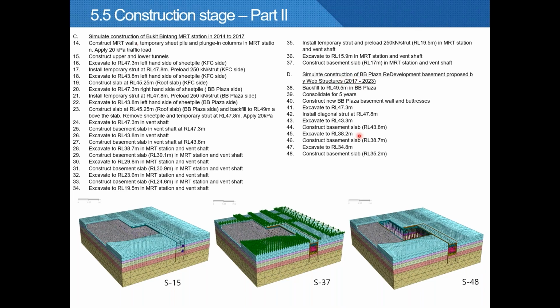We then backfill the old basement, the 2-level basement. We then consolidate the ground for 5 years, and then construct the inner walls for the new basement and buttresses butting the MRT substation. And finally, we simulate the top-down construction for the new basement.